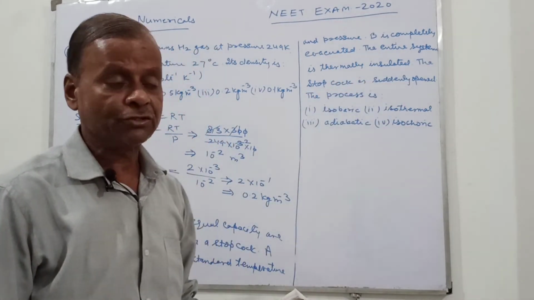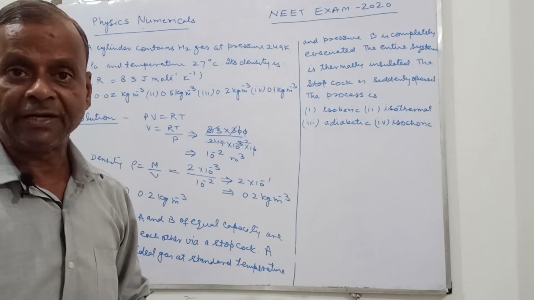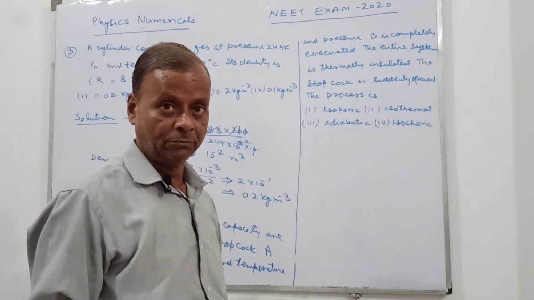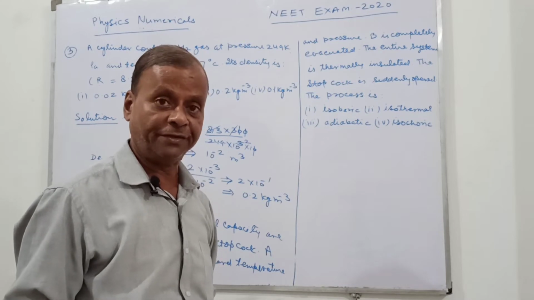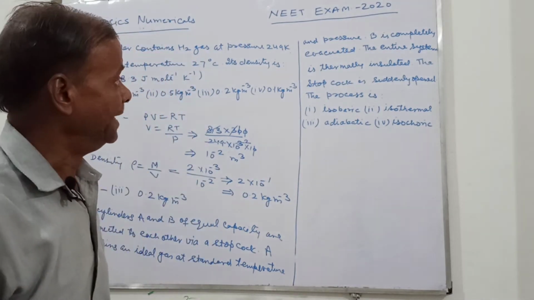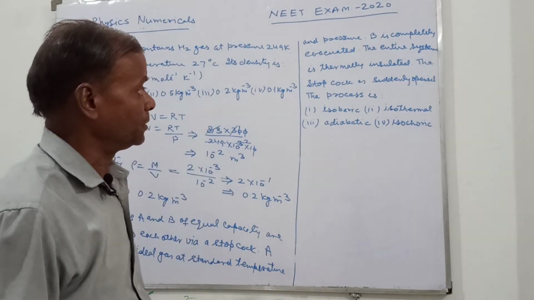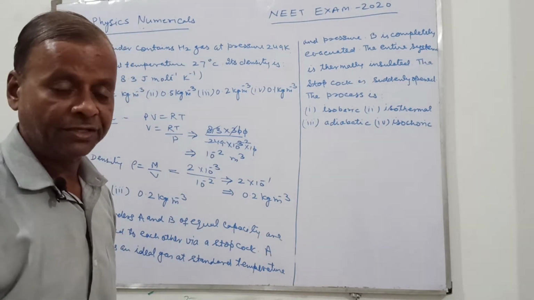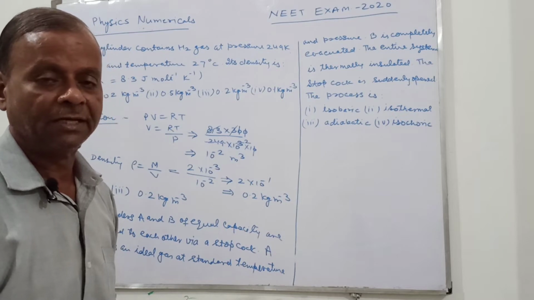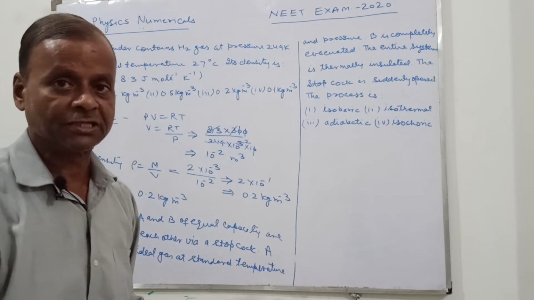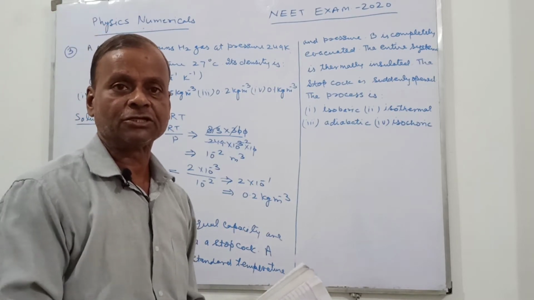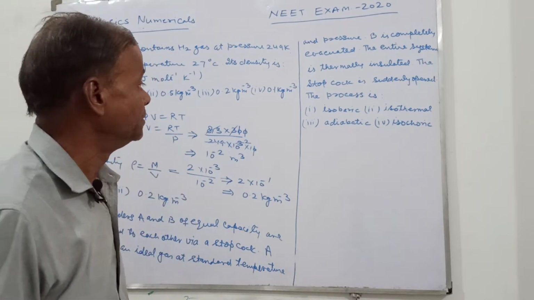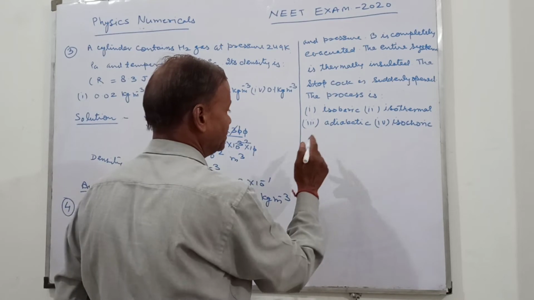Thermally isolated, insulated means that heat will neither be given nor taken from the system, so there is no exchange of heat at all. The stopcock is suddenly opened. When there is no exchange of heat between the system and the surroundings, the process is called the adiabatic process. So now your right answer is the third, adiabatic.